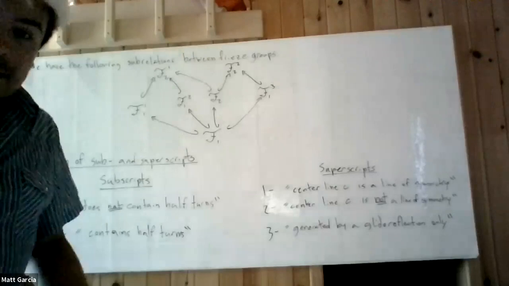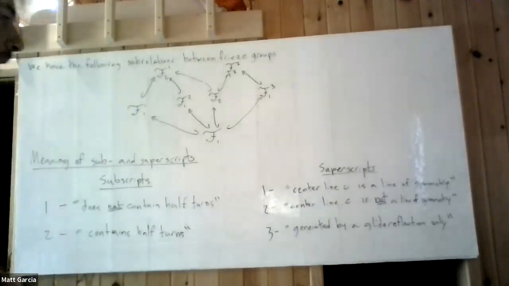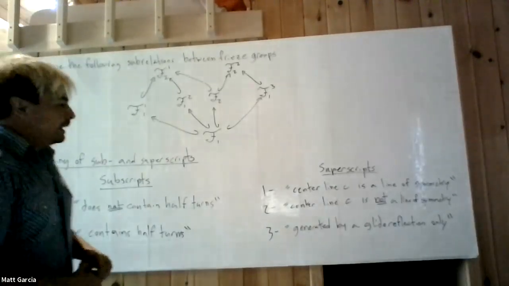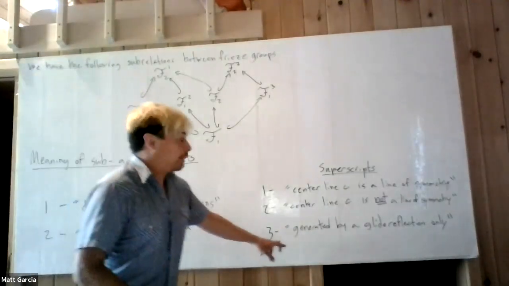Just wondering, aren't superscripts 2 and 3 kind of related because a glide reflection is not naturally a line of symmetry? Yeah, well, that's true, right? But I'm saying something much more specific with three.